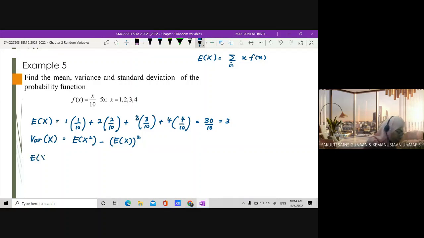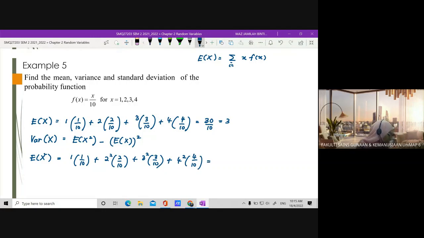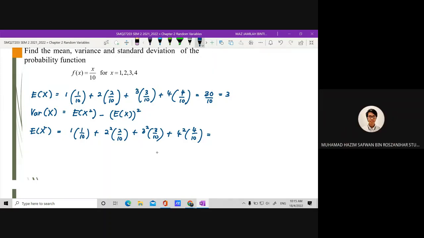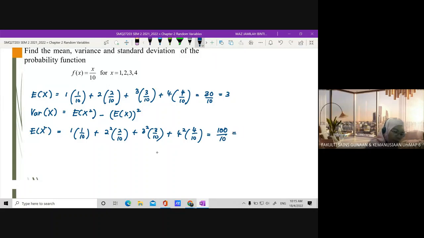So expected value of x squared is 1 squared times 1 over 10 plus 2 squared times 2 over 10 plus 3 squared times 3 over 10 plus 4 squared times 4 over 10. So what did you get here? 10. Okay, you get 100 over 10, you get 10, correct.